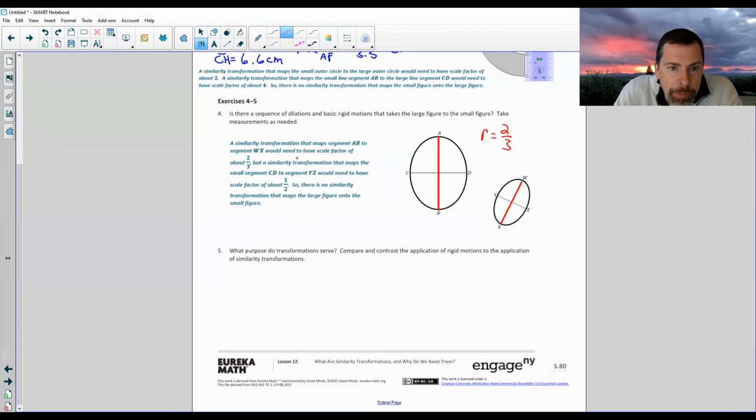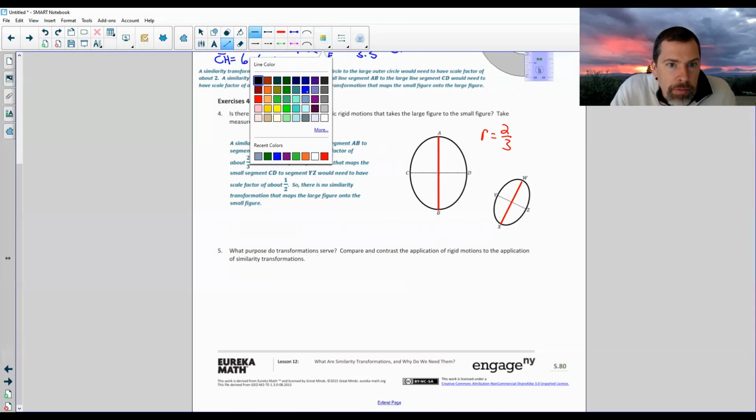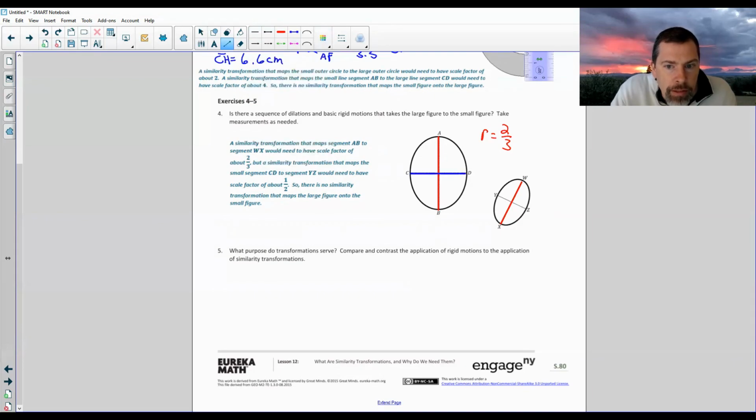But a similarity transformation that maps the small segment CD, which is here, onto YZ, which is there, would need to have a scale factor of about 1/2. So in that situation, R equaled 1/2 for the blue. Since our R's are not equal, there is no similarity transformation that maps a large figure to the small figure.